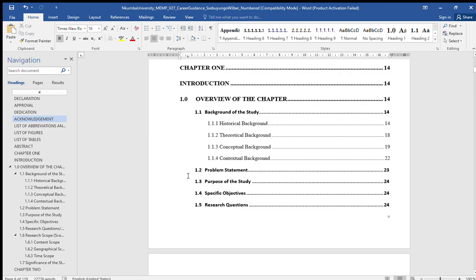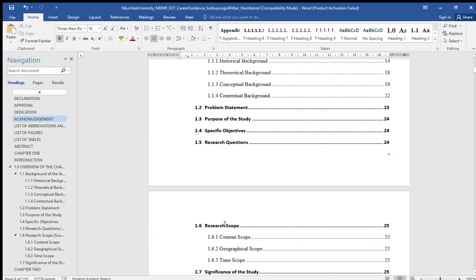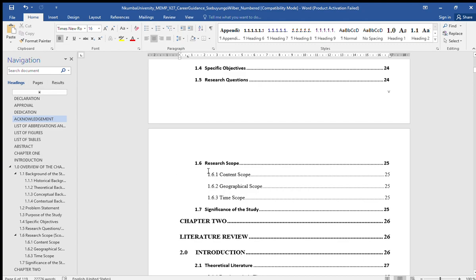Then from there you have the problem statement, the purpose of the study, specific objectives. You see that numbering is also very important. And then research questions. If you have a hypothesis, you can also include. Then the research scope, which another one can call scope of the study.